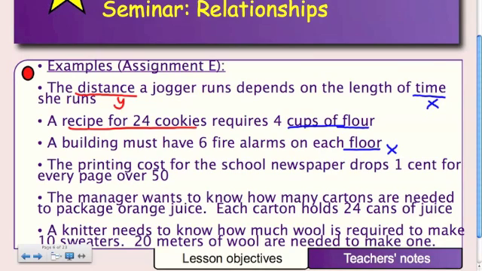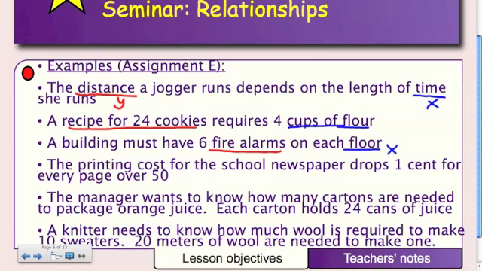Allegra? 24. Good. So the total number of fire alarms is going to increase steadily. We'll have a linear relationship, but the fire alarms are going to be on the y-axis. The floors are going to be on the x-axis. So whenever it's a tricky situation, try to picture in your head how you would actually draw out this graph, right?